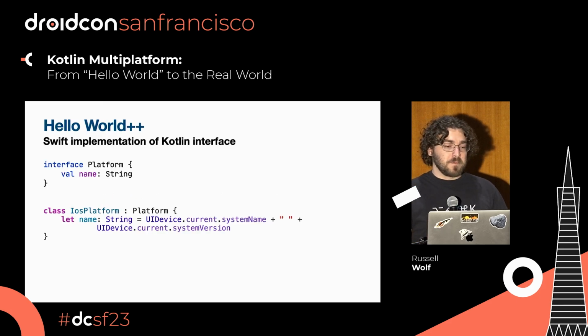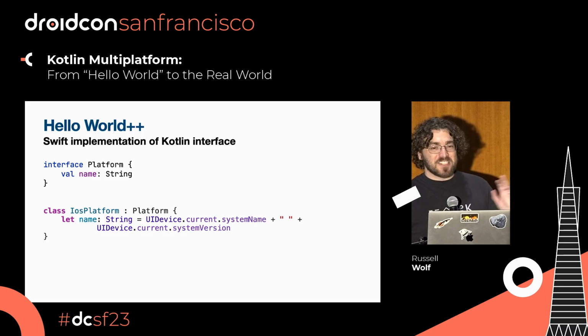One thing that can be really helpful, that's not in that new project template immediately but is a good thing to try out first, is adding a Swift implementation of a Kotlin interface. It's a really useful tool for bridging the Android iOS developer gap, where Swift can implement a Kotlin interface.